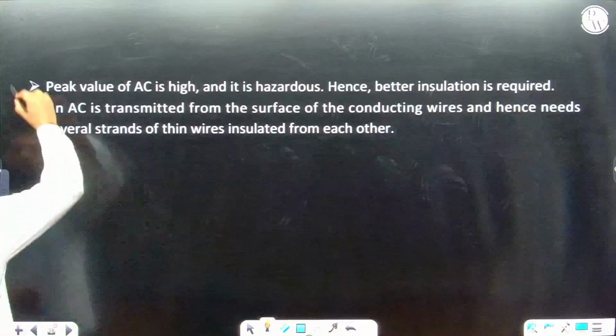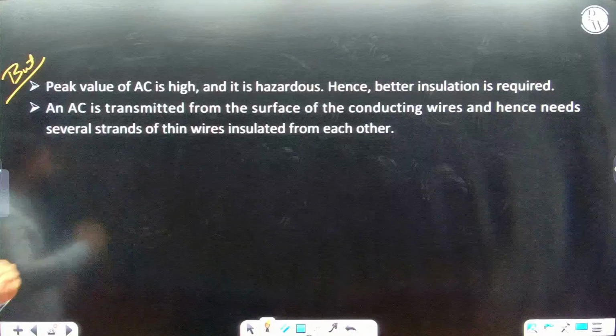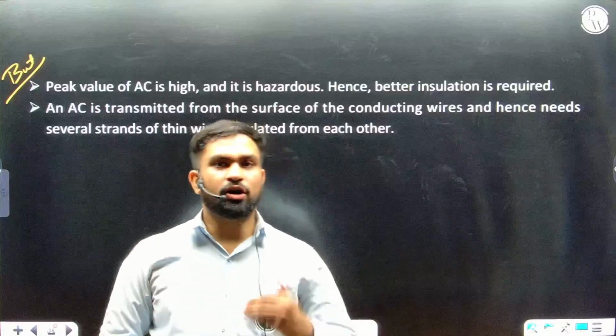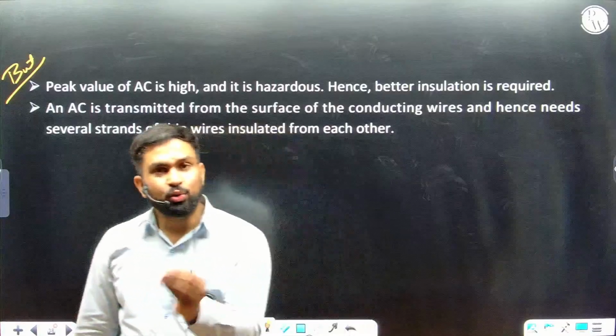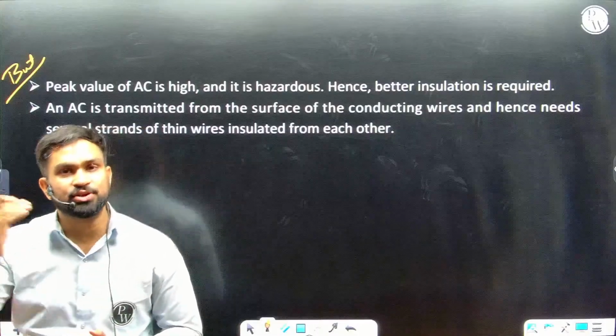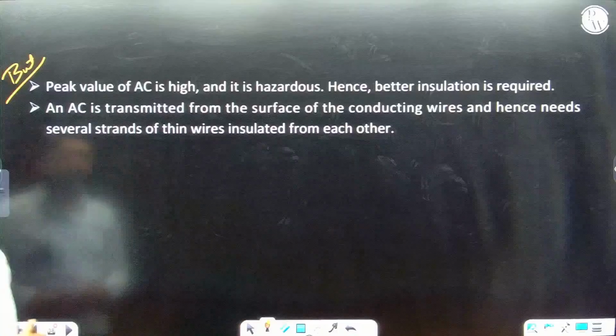But at the same time, there are some shortcomings as well. Peak value of AC is higher. So if somebody gets, let's say, God forbid, electrocuted through an AC source, they will receive a higher shock as compared to the same DC. Okay?